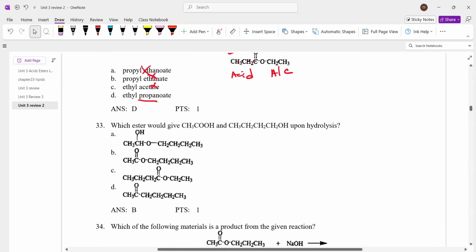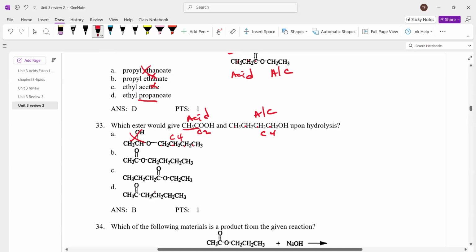Okay, so this is the alcohol acid. So what are we starting with to give 2 carbon? 1, 2, 3, 4. 4 carbon alcohol. Okay, so the alcohol is over here, 1, 2, 3, 4, that's 4 carbons. And this is not an acid.